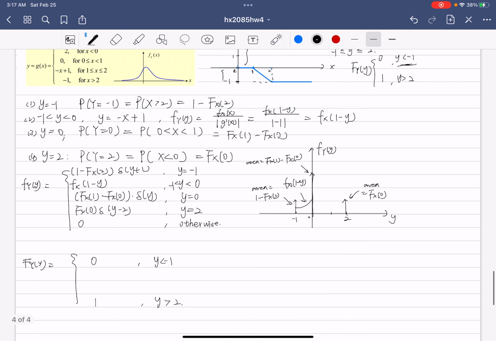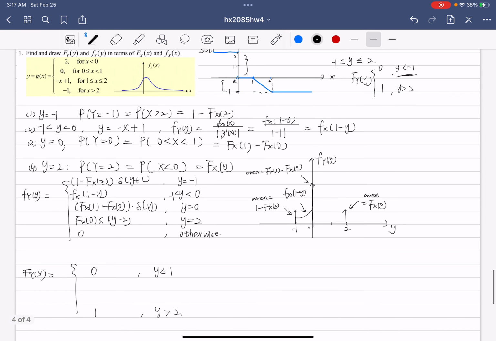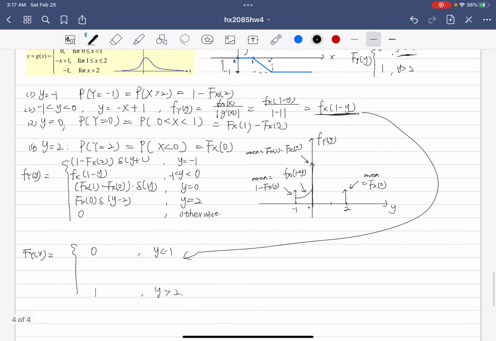When y is in the range of -1 and 0, it will be the integral of this function, which is 1 minus F_X(1 minus y).